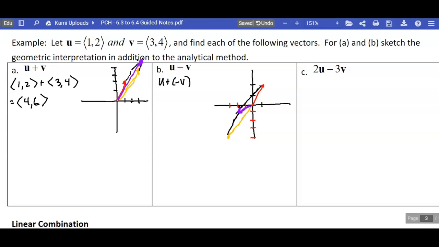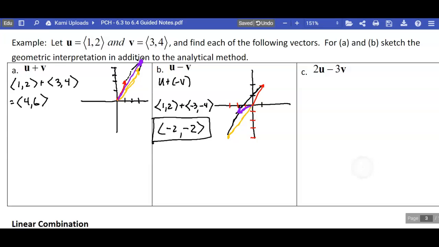Let's see how close my picture was here. So now I have 1, 2 plus the opposite of v, so that's going to be negative 3, negative 4. So I end up with 1 minus 3 is negative 2, and 2 plus negative 4 is negative 2. So I was a little bit off there, but not too bad. And then that would be our resultant of those two vectors.